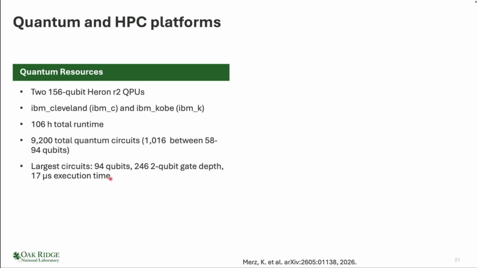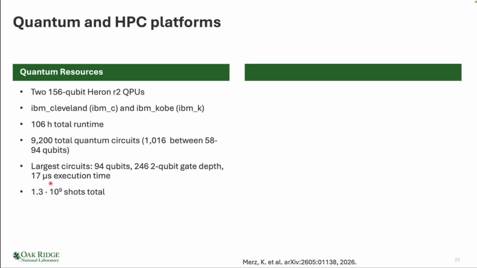The largest circuits were 94 qubits, about 250 two-qubit gate depth with an execution time of 17 microseconds, which is well under the roughly 150 to 200 microsecond T1 and T2 times for these quantum processors. And in total, about 1.3 billion shots were collected.